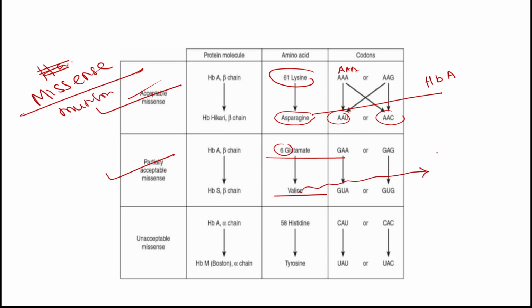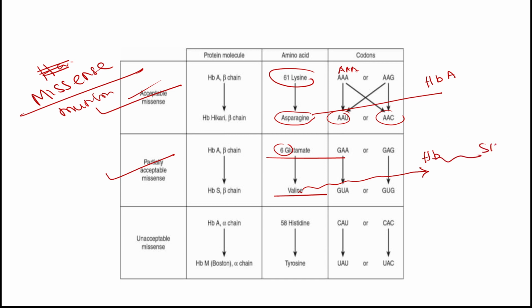Now, the problem that we see here is that it works all right, but because of the valine, the hemoglobin protein that is produced will have a higher affinity towards oxygen. It will function normally in the normal oxygen state. But once the body succumbs to a more deoxygenated status, the hemoglobin molecule will start to sickle.